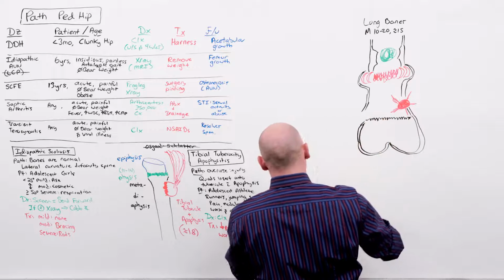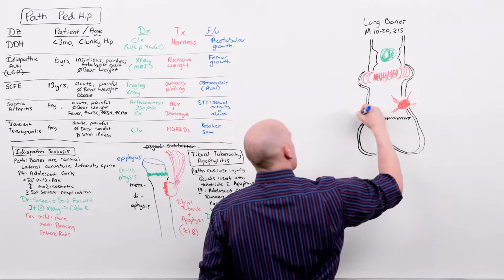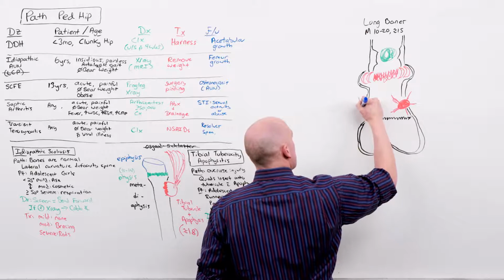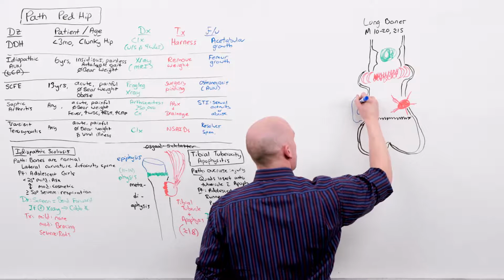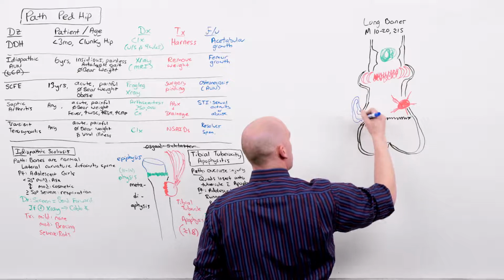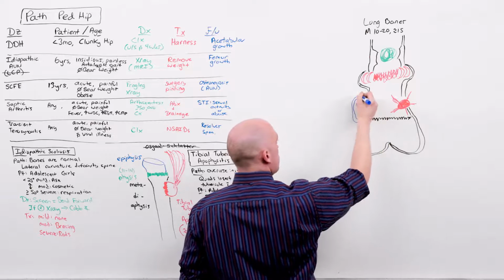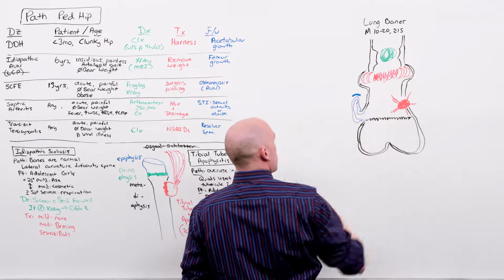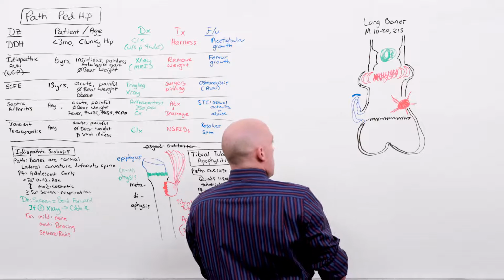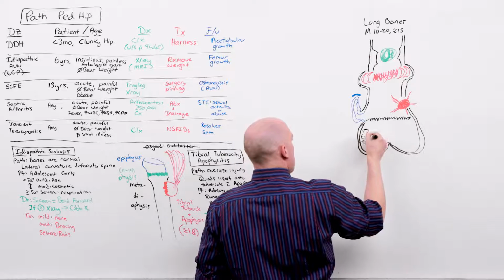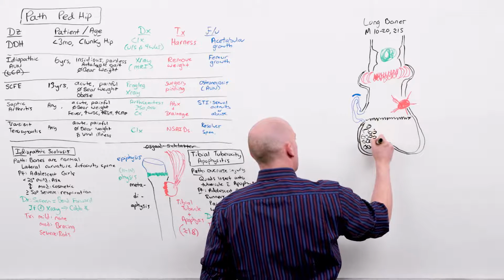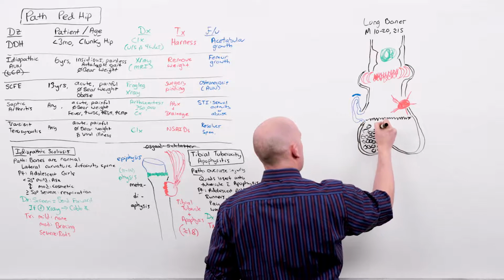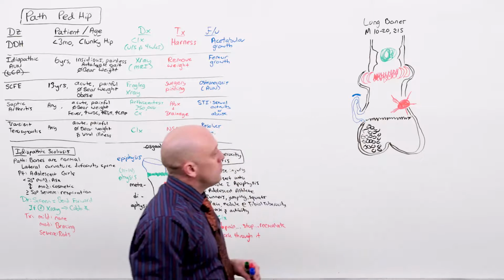And there's going to be a metaphysis benign growth, which will be confluent with cortex and medulla and be capped by cartilage. And then there will be a benign tumor of the epiphysis. And there is no malignant epiphysis tumor.